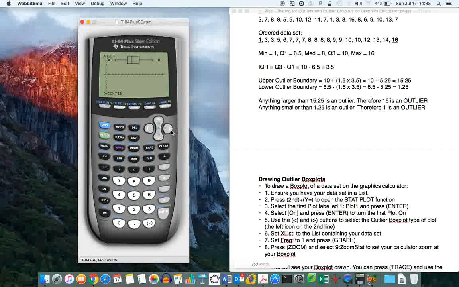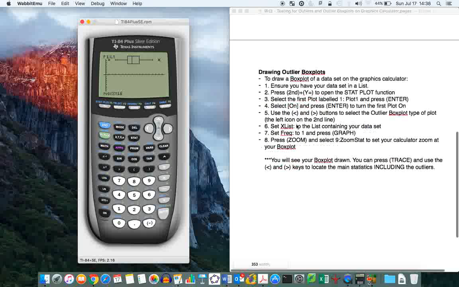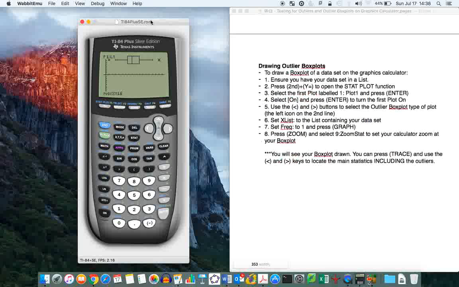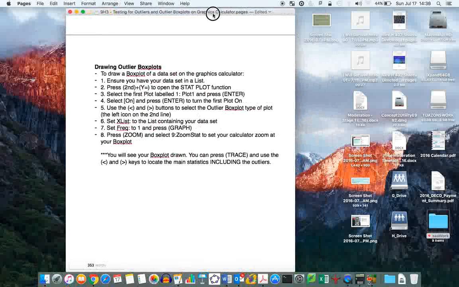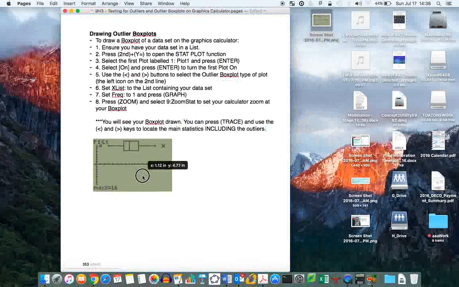This outlier dot indicates 16. So we have, in another way, identified outliers using a box plot on the graphics calculator. If I could take a screenshot of this, I could import it into the file as an example.